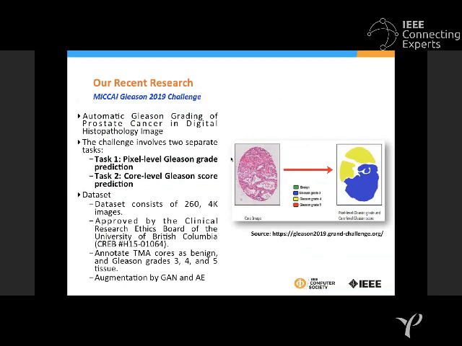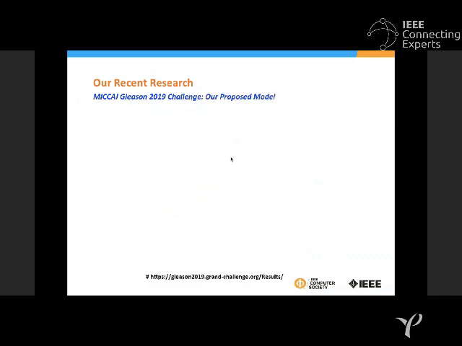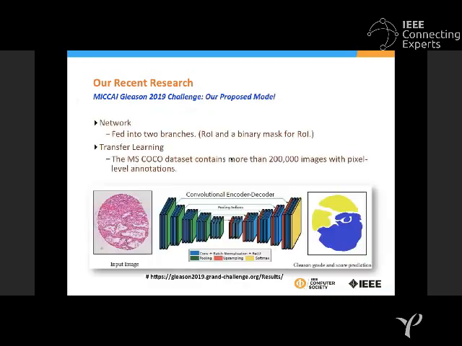So the problem was that we had a small amount of data to do that, and the process we followed is a sort of transfer learning. We used a technique like convolution encoder decoder. I'm not explicitly discussing this due to shortage of time.